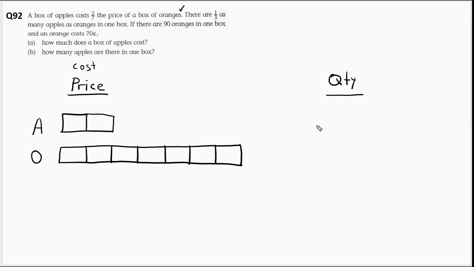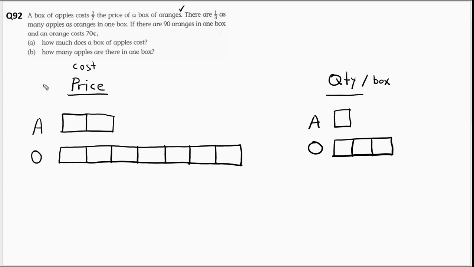If we again have apples and oranges, and we say that this represents the number of oranges in a box, well, apples, there are a third as many. So if we split this into thirds, we're going to give apples this 1/3. So this represents the quantity, let's say, per box.